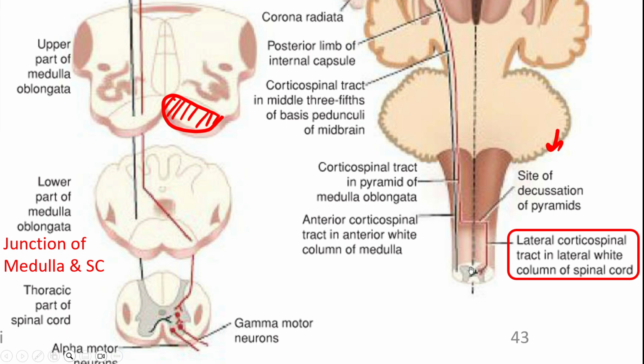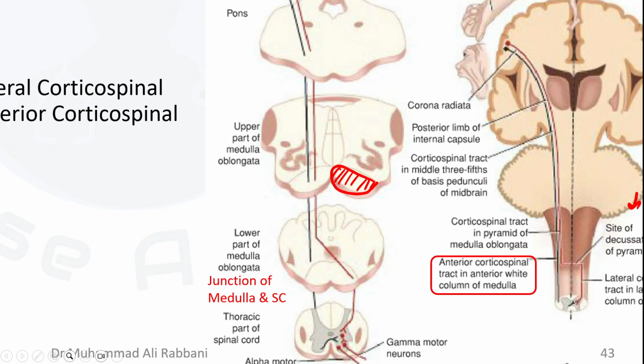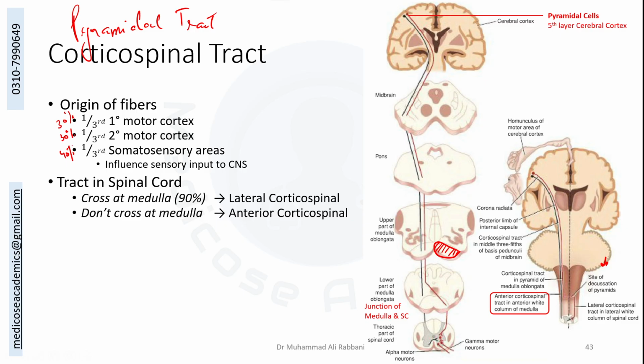From here, 90% will be crossing. So what about the other 10% that do not cross? The other 10% are shown in black here, and these move straight down the spinal cord without crossing, in the anterior white column. These are the anterior corticospinal tract.